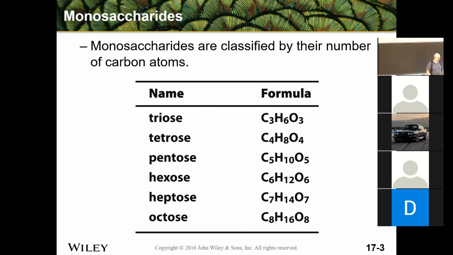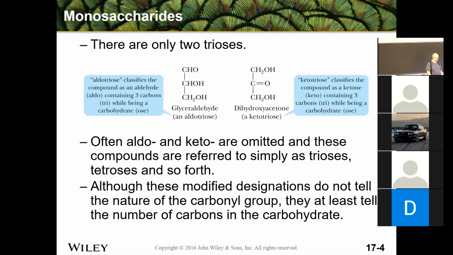Monosaccharides are also classified according to the number of carbon atoms. Using these prefixes, triose is 3, tetrose is 4, pentose is 5, hexose is 6, and so on. Most monosaccharides are 3 to 8 carbons, with 4, 5, and 6 being the most common. There's only 2 trioses.